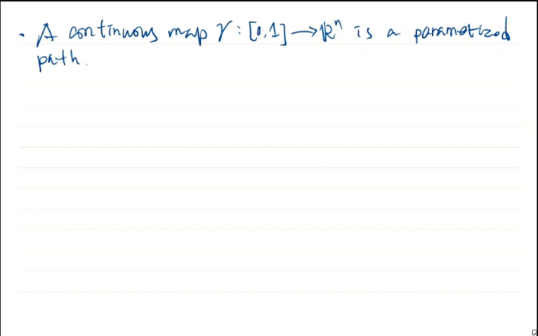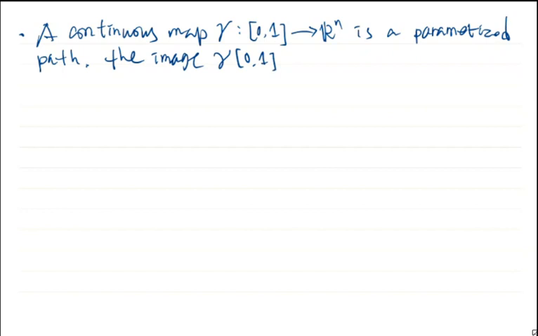So a parametrized path is a map. The image of this map, which is gamma([0, 1]).